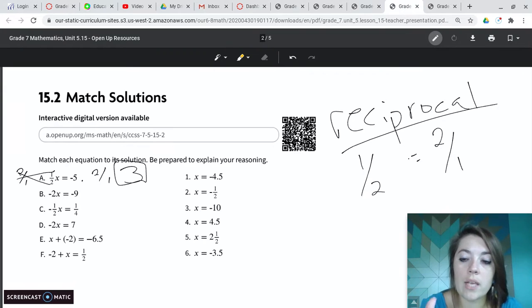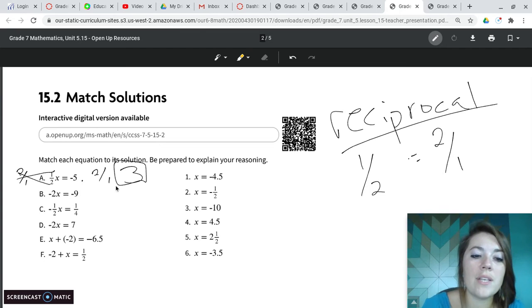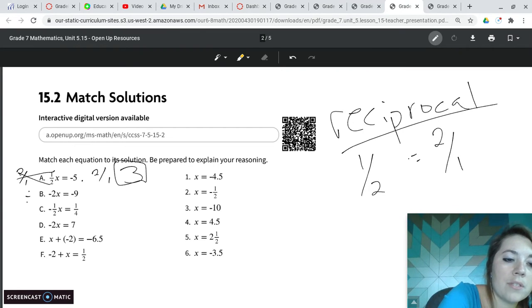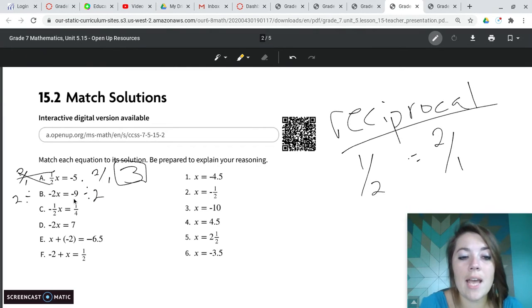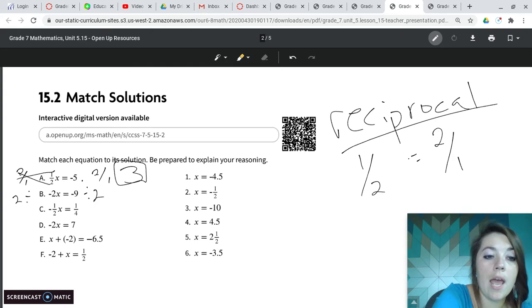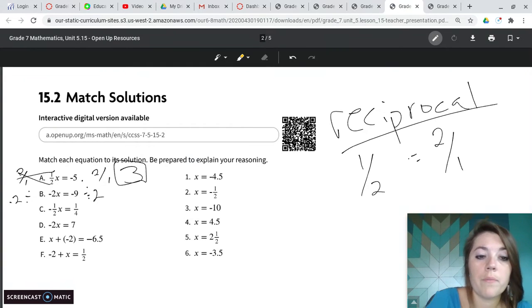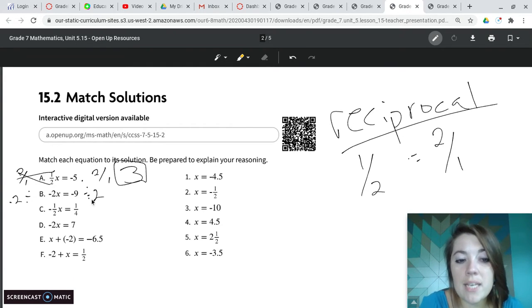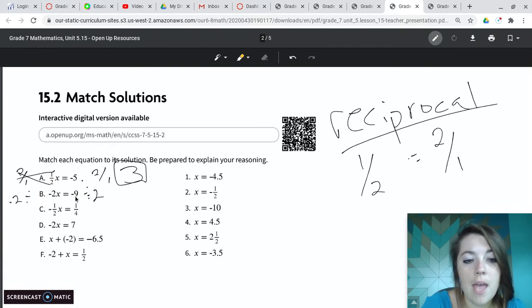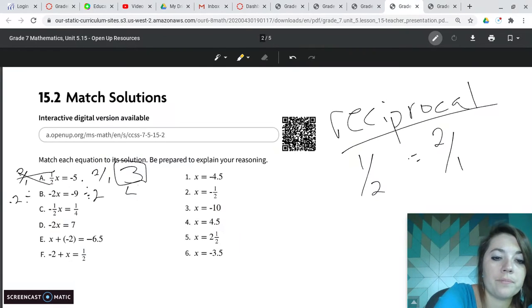These two things are being multiplied, and to undo multiplication, we use division. So we divide both sides by -2. If we divide -9 by -2, two negatives make a positive, and half of 9 is 4.5.